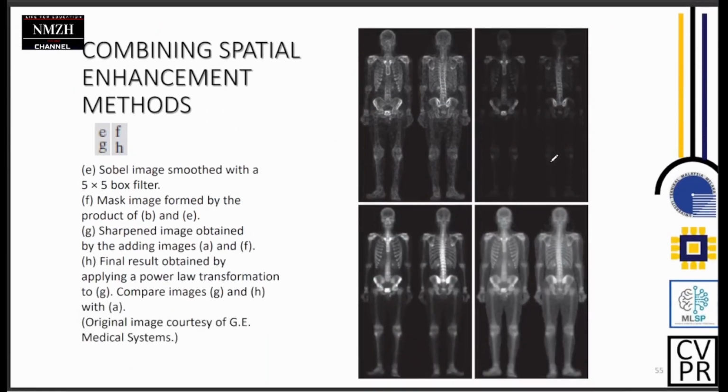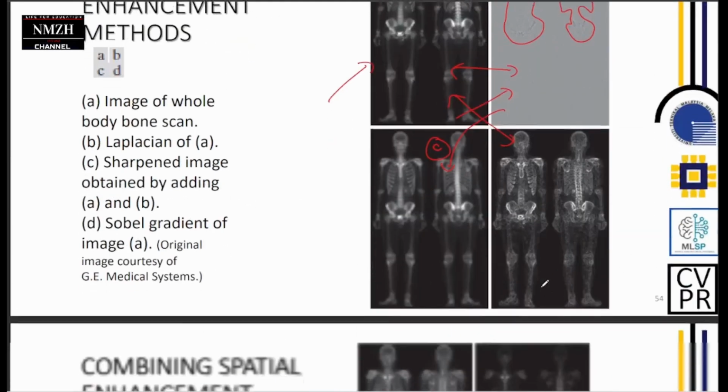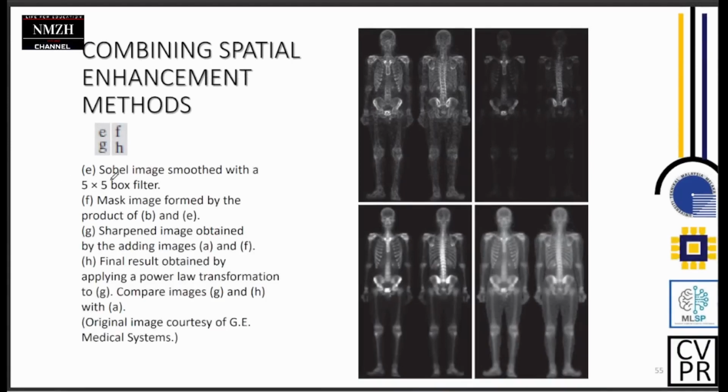Okay, right. So this one is E, F, G, and H, different techniques to be combined as a spatial enhancement method. E is the Sobel smoothed with a 5x5 box filter. So whereby this one is Sobel, this one is improving the D using a 5x5 box filter.